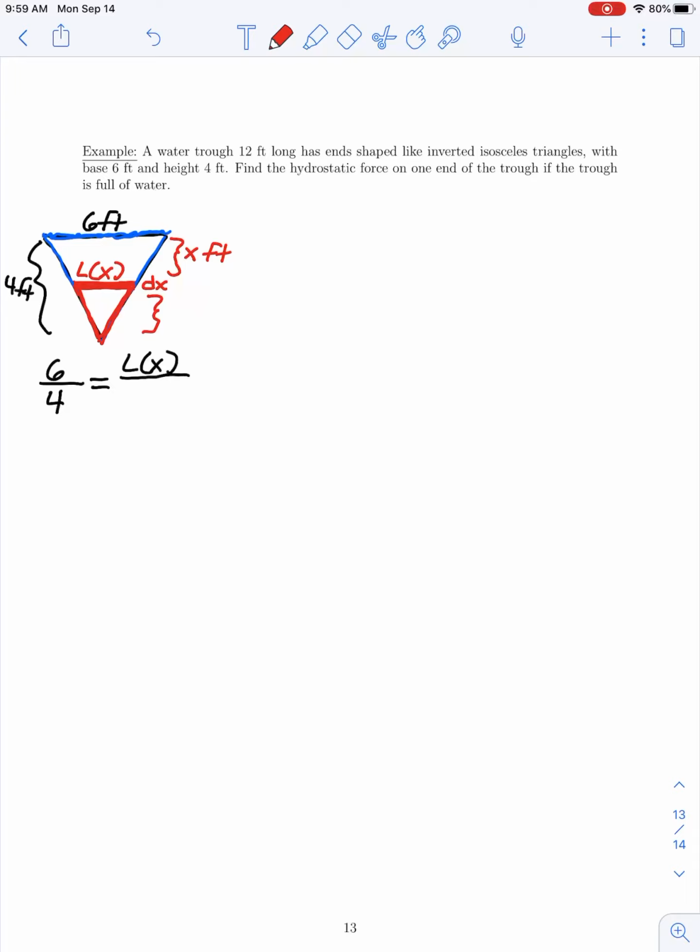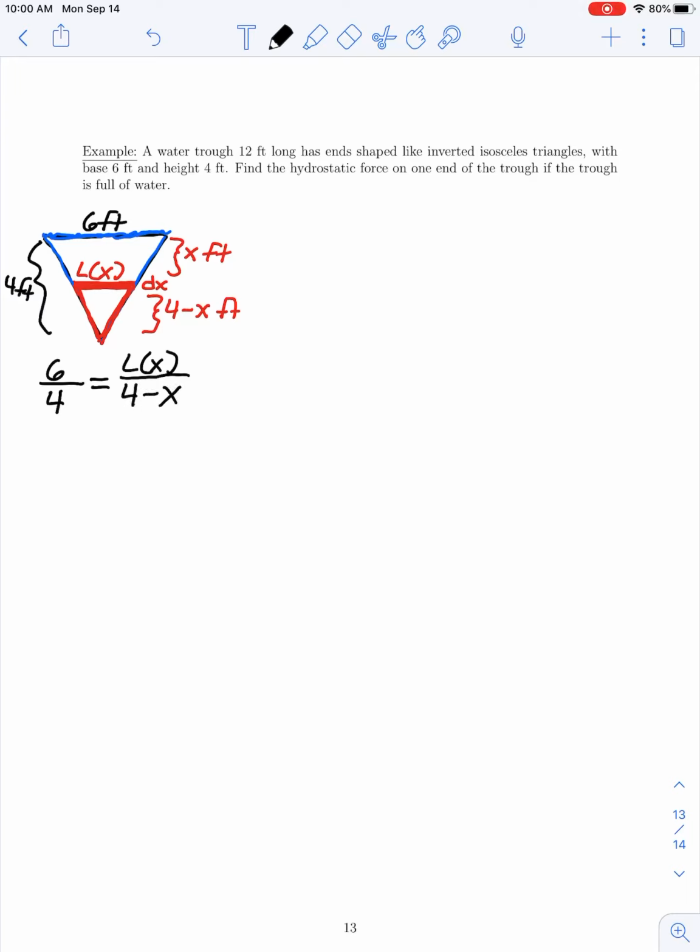So if the total height of this vertical plate is 4 feet, and we took our slice at a distance of x feet from the top, then this remaining distance would be 4 minus x feet. So the height of that smaller triangle is 4 minus x.